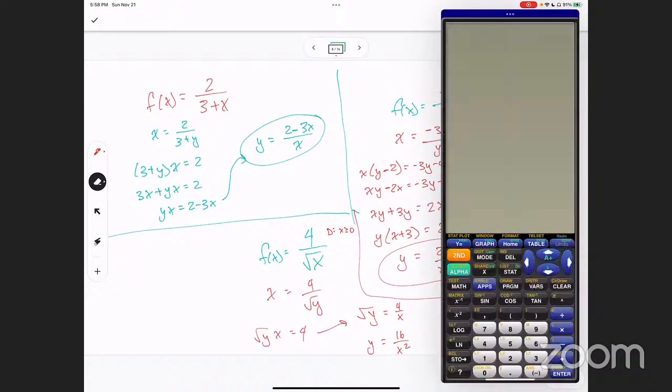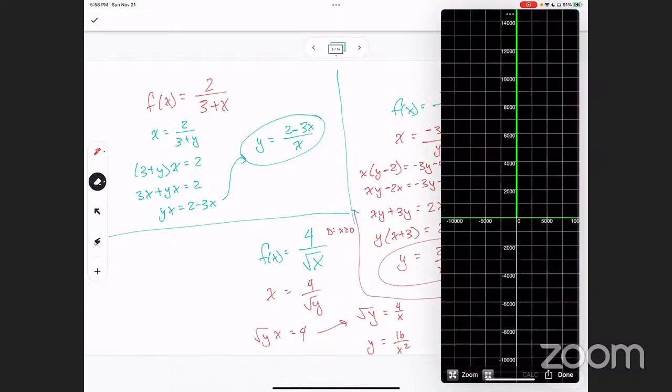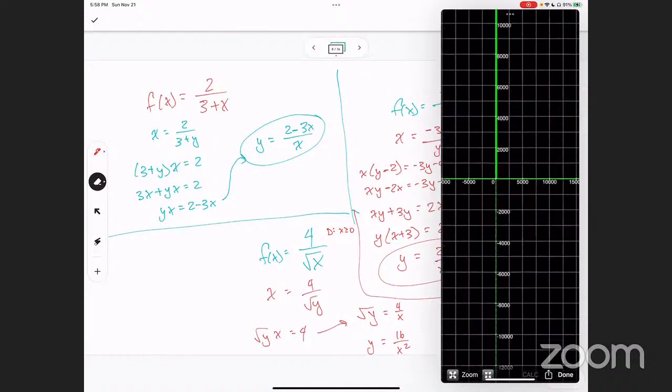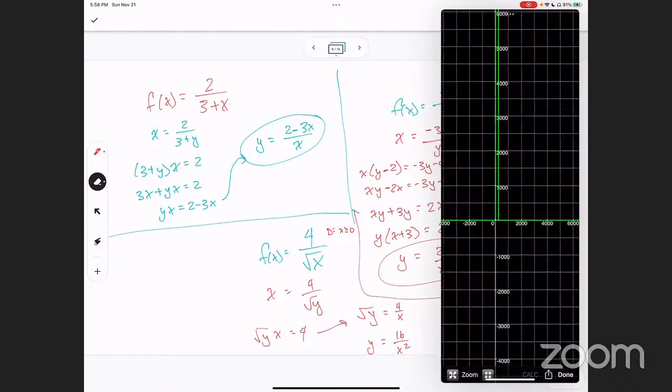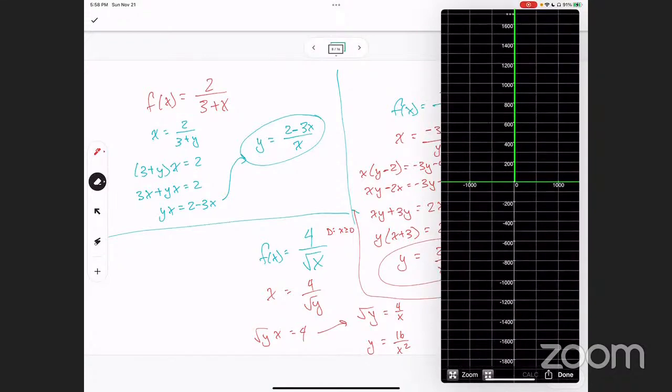Here, let's only look at that. Let's clear this one. See, do you see the problem? It shouldn't be also going to the left. It should only be the one going to the right.